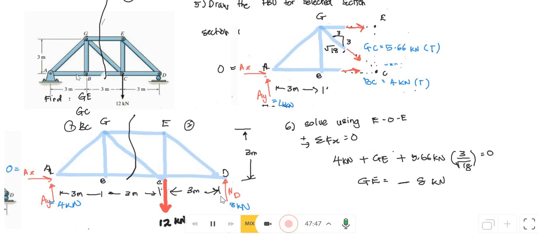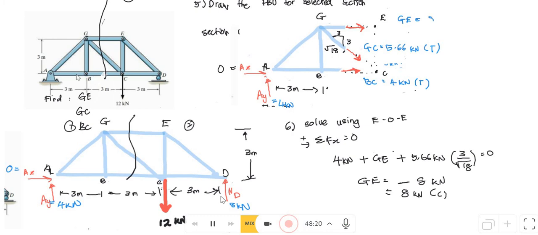And because we have a negative value, it means our assumption is not correct. So GE is supposed to be in compression. So GE should be in compression.